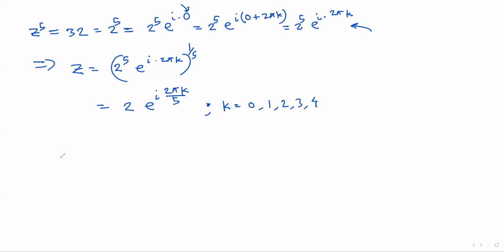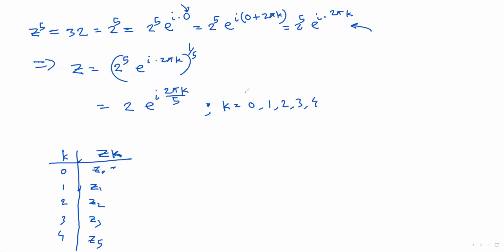So if you denote all the roots by the index k, we can make a chart with k and zk. You can present this in any way you want. If you put the 5 possible values of k, 0, 1, 2, 3, and 4, you get z0, z1, z2, z3, and z4, 5 complex numbers.